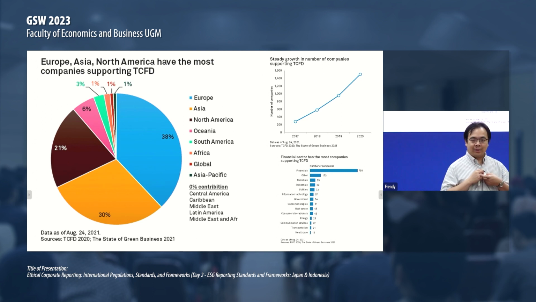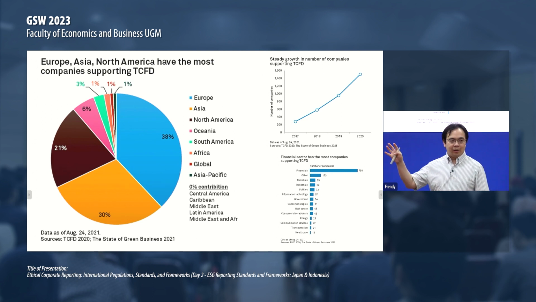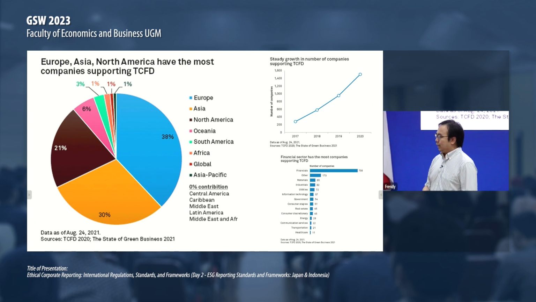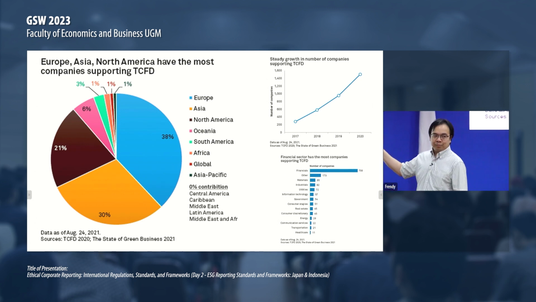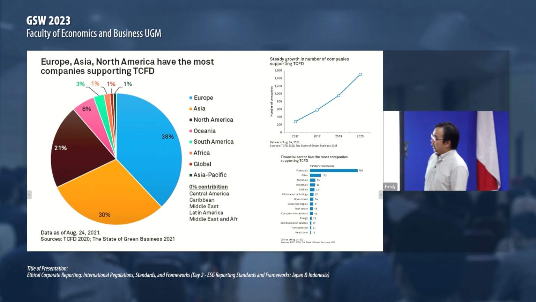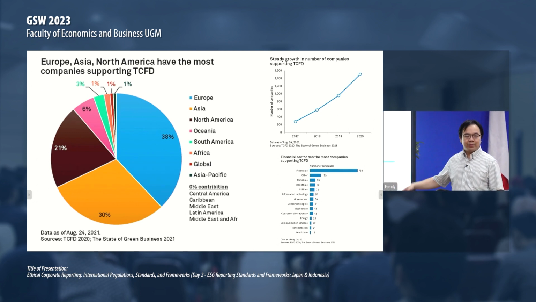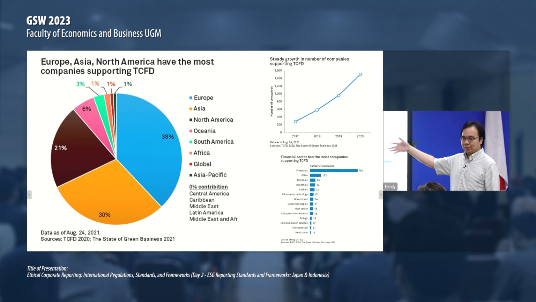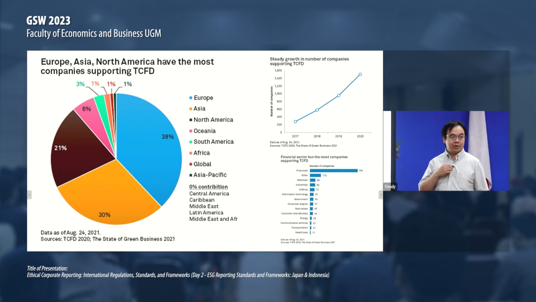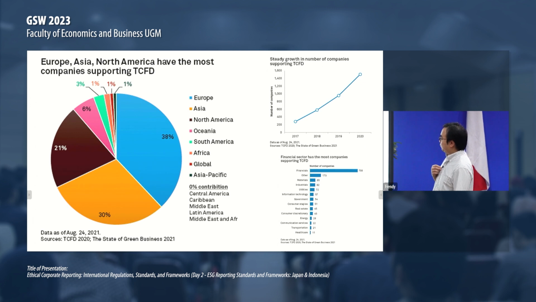So now I think you can see the link between the frameworks and the law that we discussed yesterday, right? It kind of goes hand in hand that the EU regulators are the ones who spearheaded the regulations on ESG reporting, because in Europe itself, most of the companies have started implementing standards related to climate risk. Then followed by, surprisingly, companies in Asia and then North America.